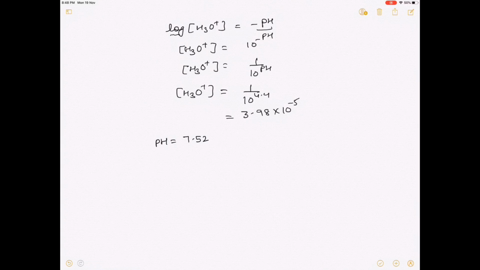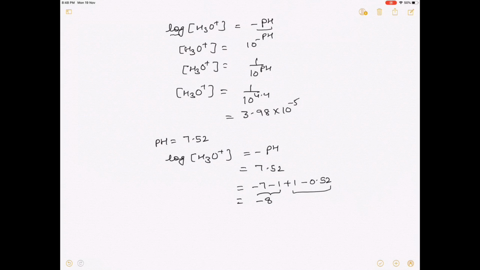Now how can we find the concentration of hydronium ion? First of all, we will write it in the same way. Now substitute the value 7.52. Again we can split it up, adding and subtracting 1. This will come out to be minus 8, which is the characteristic.